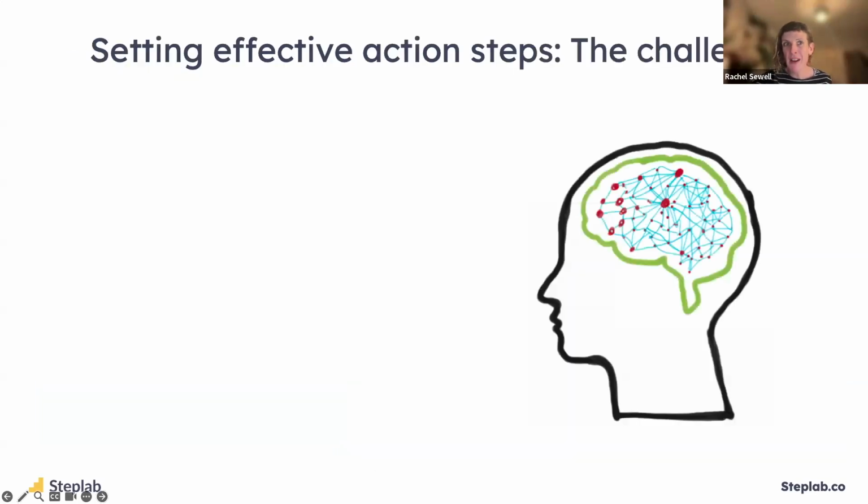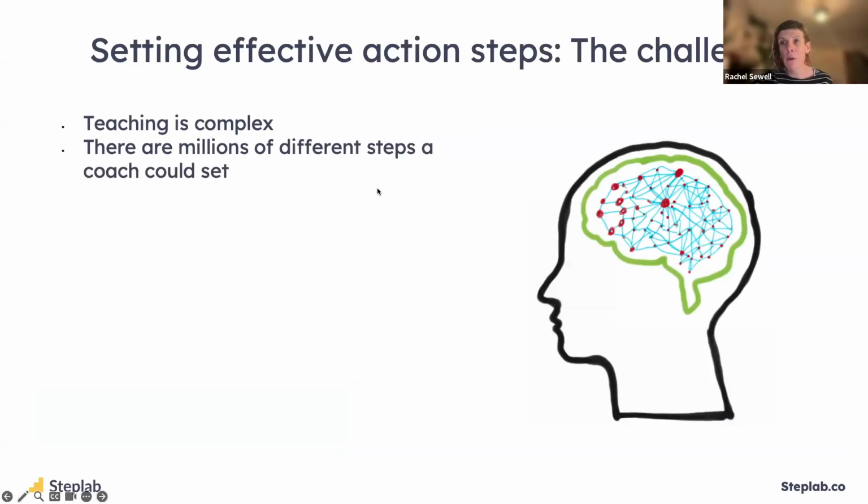So, as we've highlighted, setting really effective action steps as a coach is tricky, it's difficult, and that's for a number of reasons. Firstly, teaching is complex. There are always millions of different steps that I could set when I go and visit a teacher's lesson, and it can be really hard to prioritize what to select. As we've touched on, teachers need really effective curriculum planning.